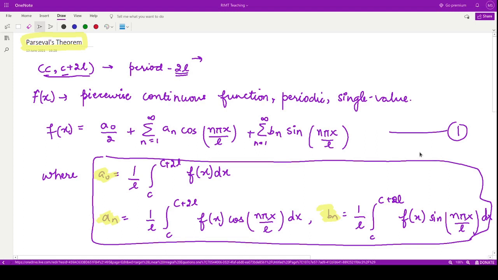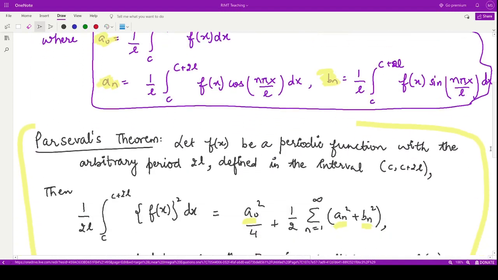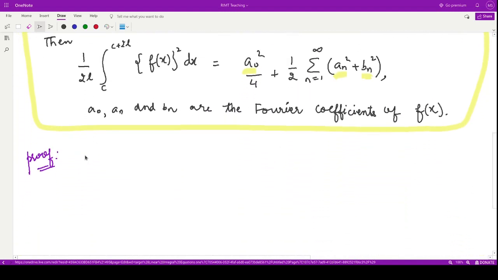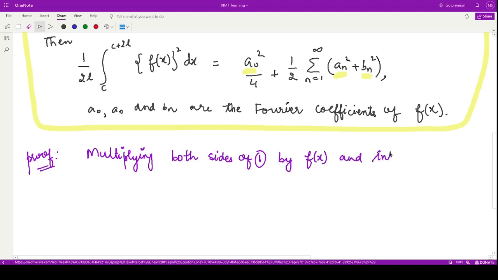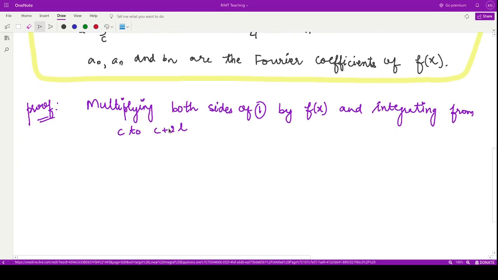Now I'm going to multiply both sides of equation 1 by f of x, which is the given function, and integrate from c to c plus 2l, the given interval.